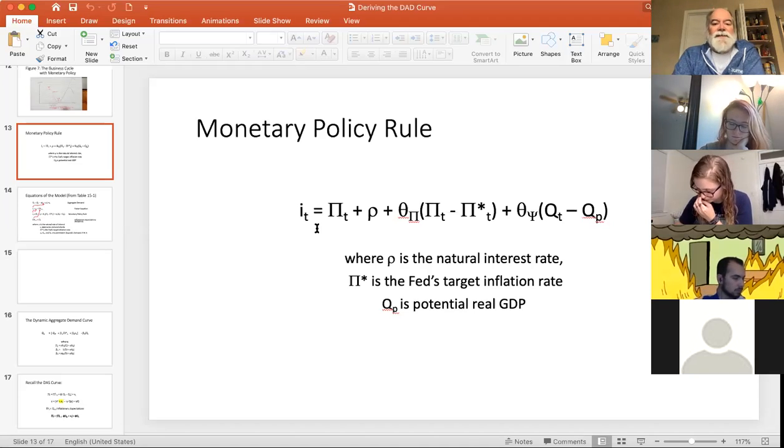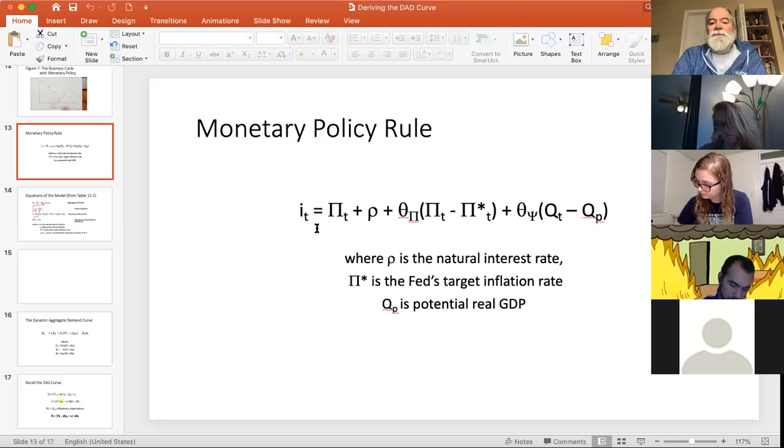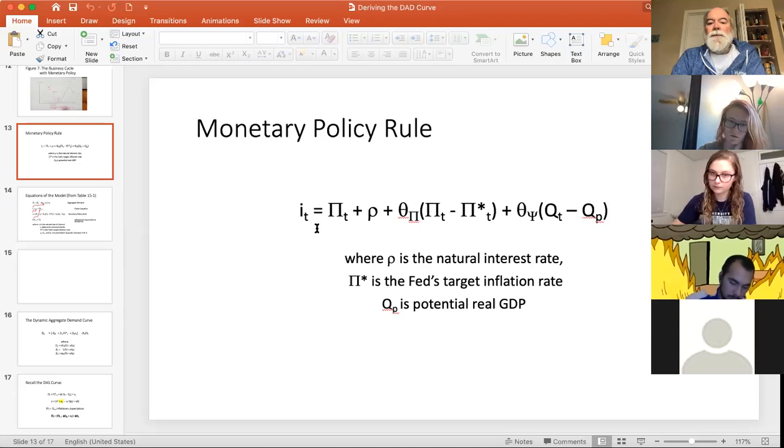What this says is the Fed will set the interest rate i sub t equal to the current rate of inflation plus the natural rate of interest plus some part of the difference between the actual rate of inflation and the target rate.